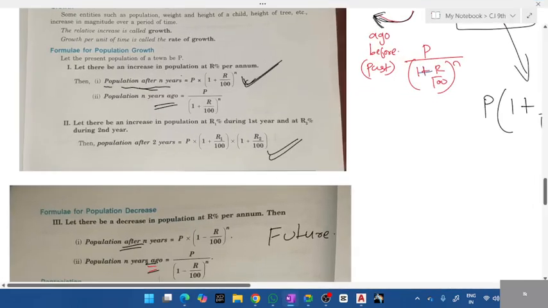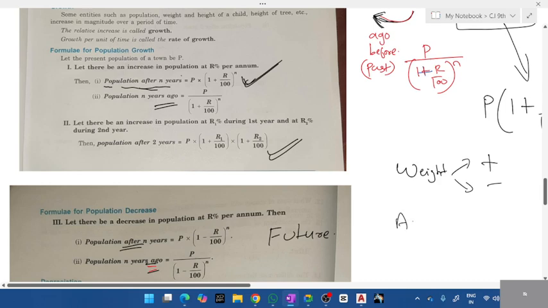You can't guarantee that population will keep increasing. What happened during lockdown? COVID. There was a decrease, right? Population decrease. The death rate was more. So you can't always assure that population increases. What about our weight? It will keep increasing and decreasing, right?